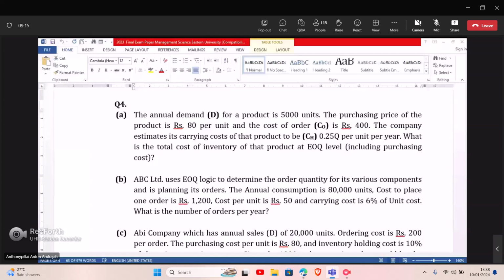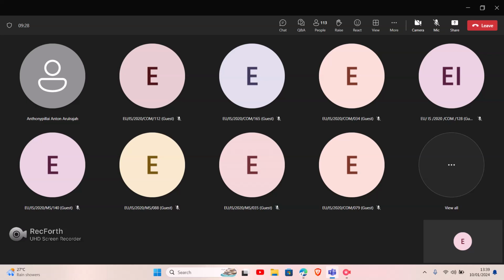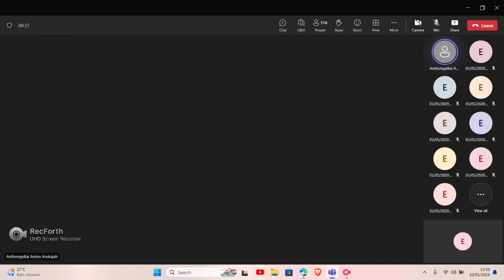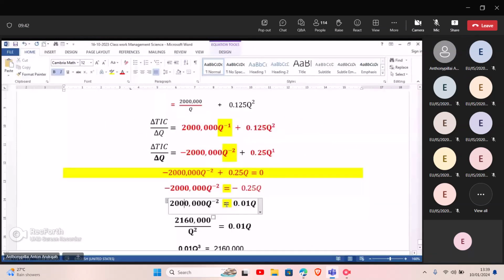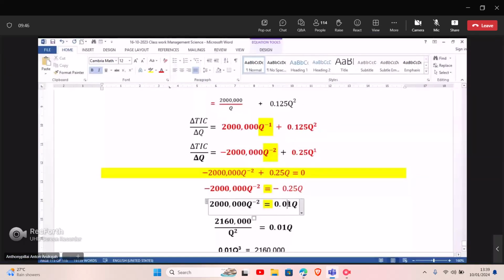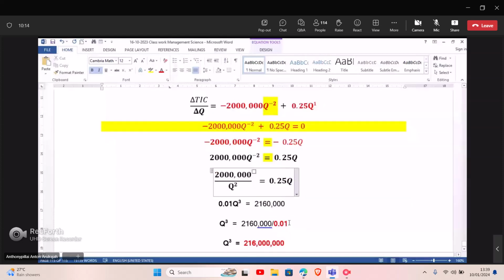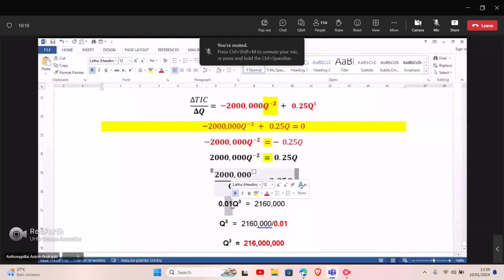Then it becomes 0.25Q, and this should be 20.